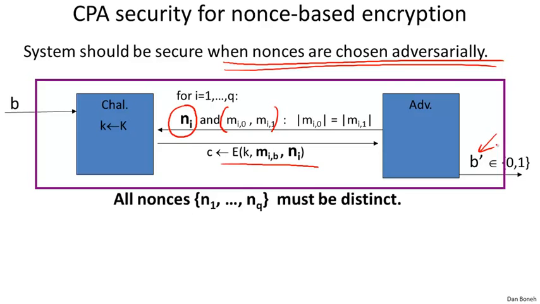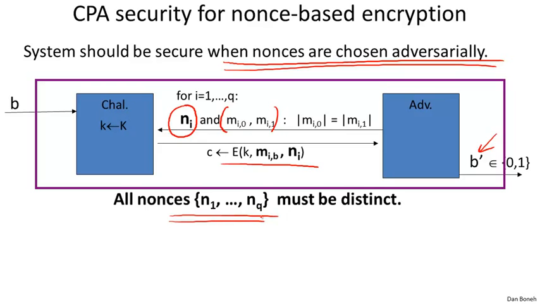Now, the only restriction, which is crucial, is that although the adversary gets to choose the nonces, he's restricted to choosing distinct nonces. The reason we force him to choose distinct nonces is because that's the requirement in practice. Even if the adversary fools Alice into encrypting multiple messages for him, Alice will never use the same nonce again.